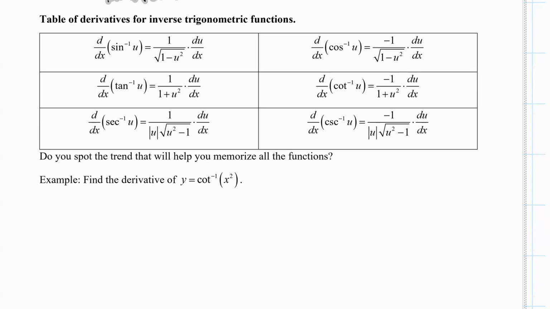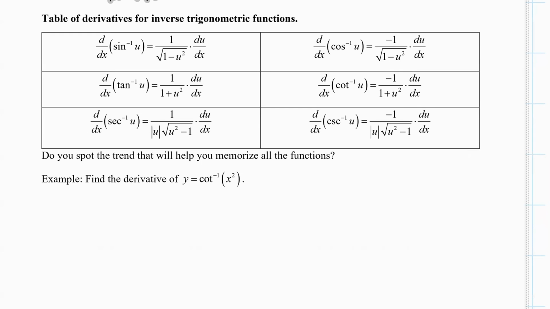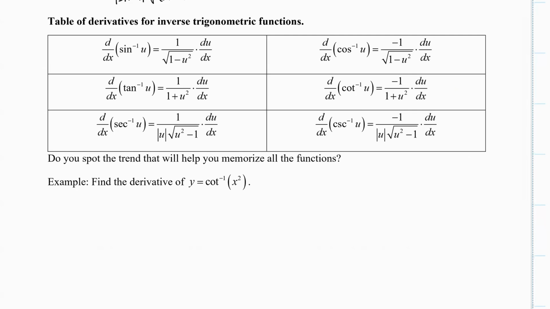Answer, the difference is only that negative sign. And cotangent and tangent, again, only that negative sign. And inverse secant and inverse cosecant, only that negative sign. So if it's got a co, the derivative's got a negative sign, and otherwise everything else is exactly the same.